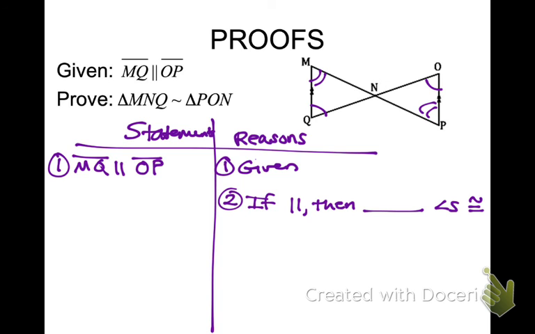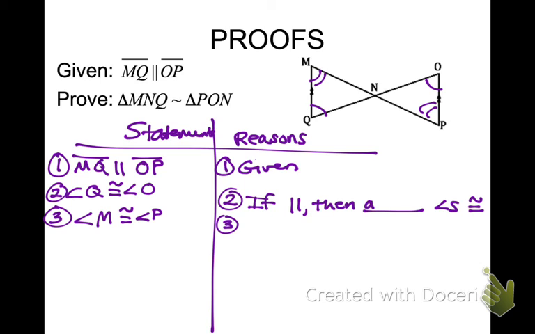So let's go angle Q, congruent to angle O. And then I'm going to do angle M, congruent to angle P, and just ditto mark. Oops, I forgot to put alt int in here. So if parallel, then alternate interior angles congruent.